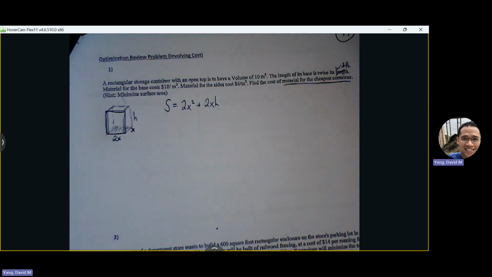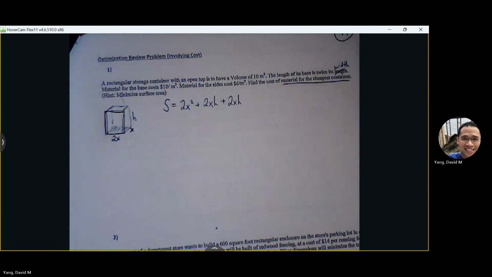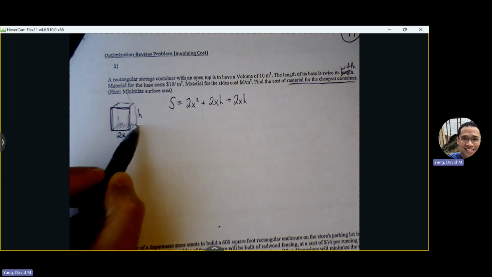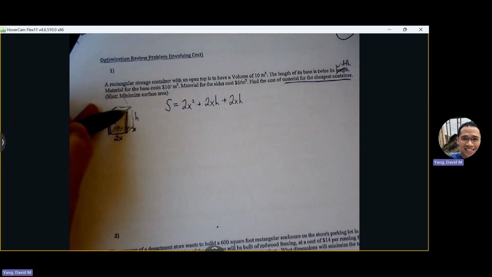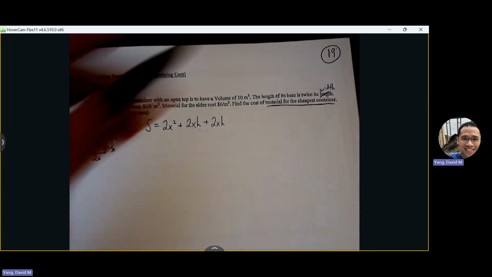And if there's a 2xh in the front, there must be a 2xh in the back. And then what about the more narrow vertical side? This has an area of what? xh, okay.